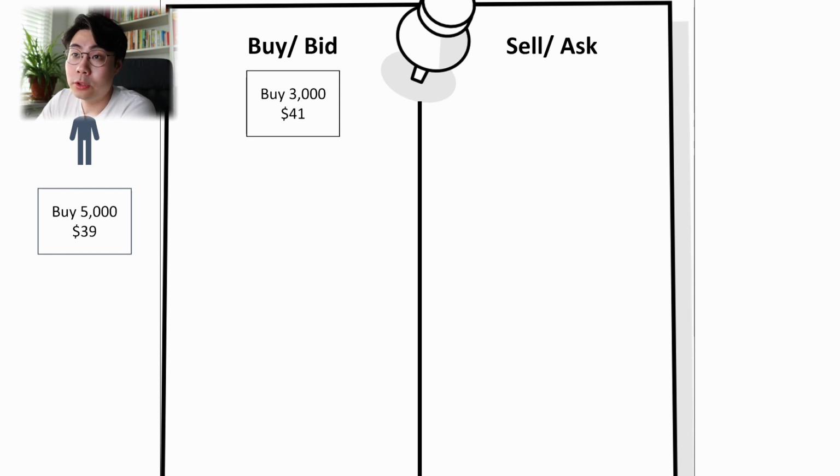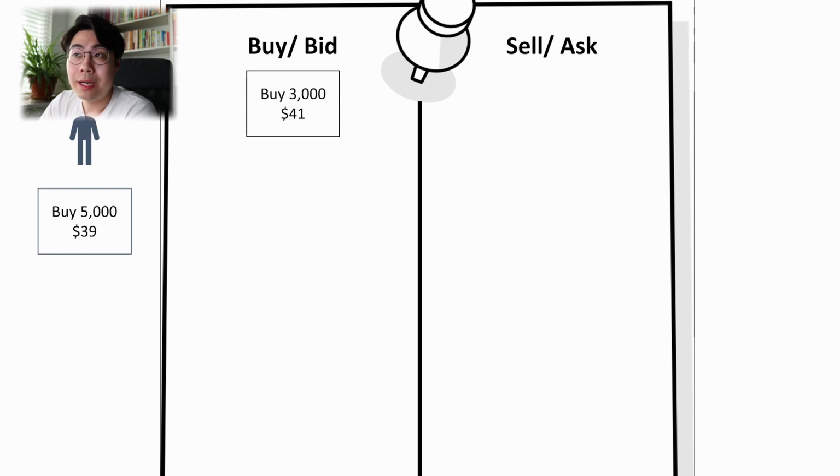It's actually person 1 that gets the higher priority, and the reason is the price. In the buy column, the priority, first of all, goes to the pricing. The one that's willing to purchase at a higher price has a higher priority. And in the sell column, the ones with a lower price have a higher priority.